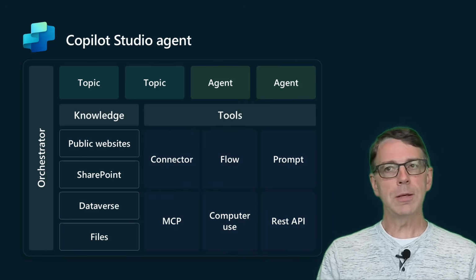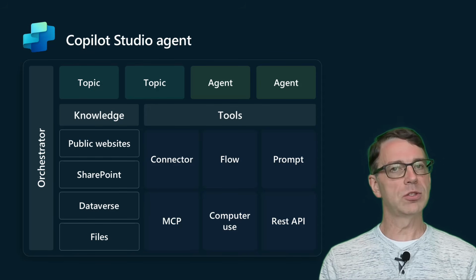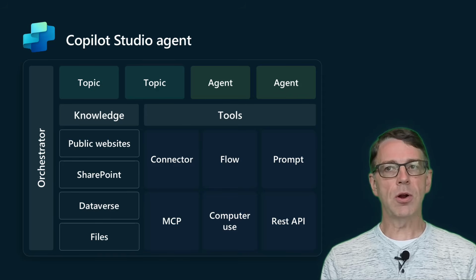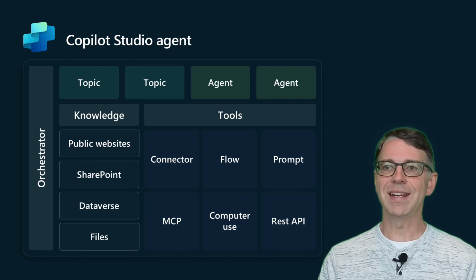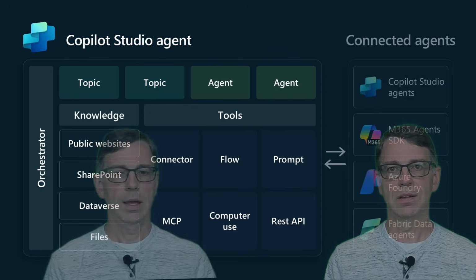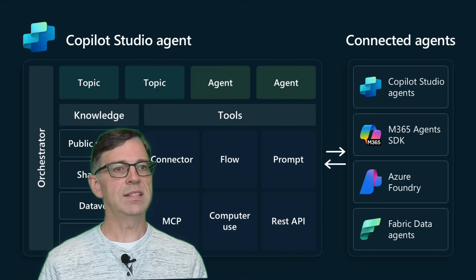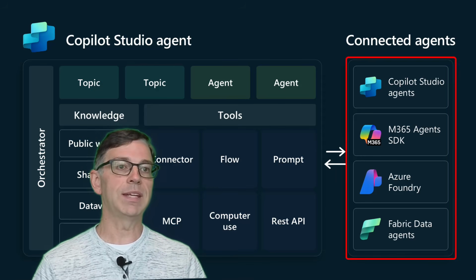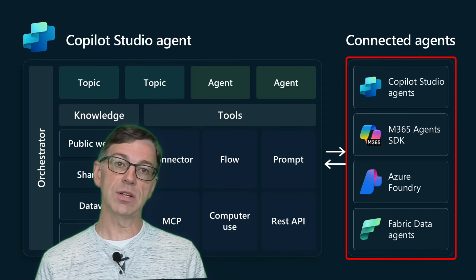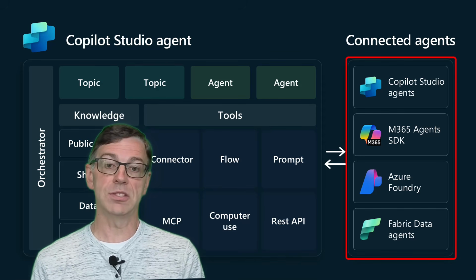Now, most people don't have a hard time understanding these. Where we start to get a bigger problem is when we get into connected agents. Now, connected agents, when we add this in, this is where we connect to something outside of the agent that we are building inside of Copilot Studio.